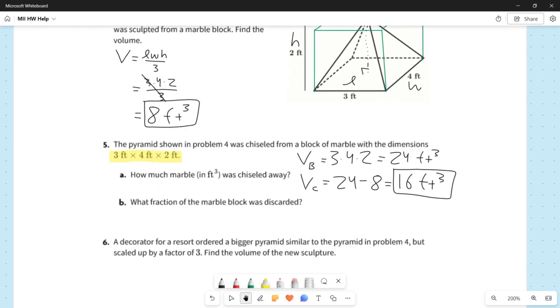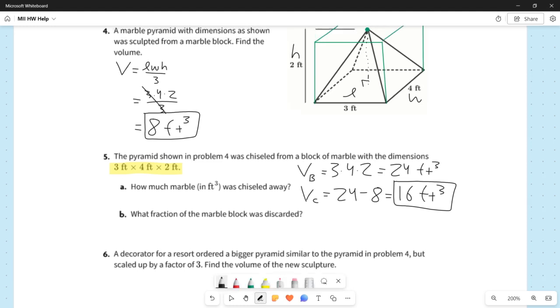5b says, what fraction of the marble block was discarded? Well, we just found that 16 cubic feet was discarded, out of a total of 24 cubic feet. So this represents the fraction that was discarded.